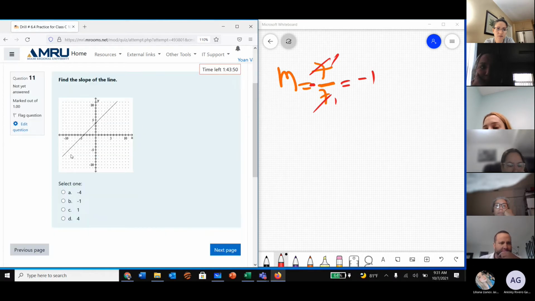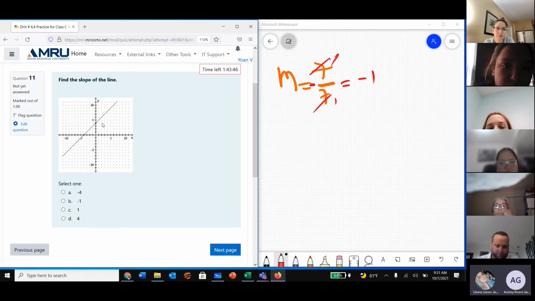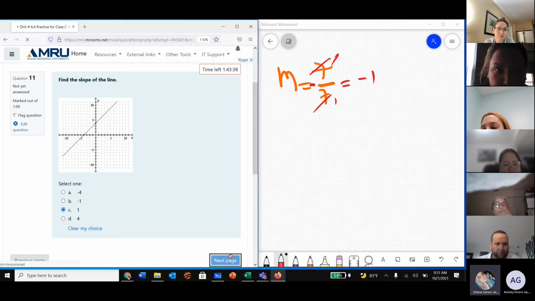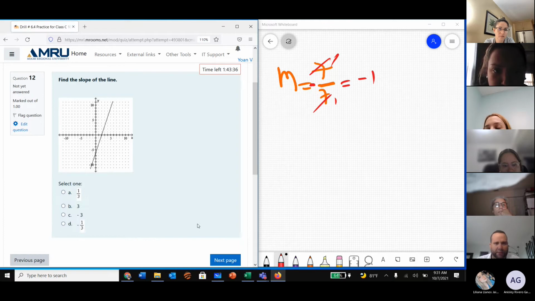This answer, what is the answer? Is the slope positive or negative? Positive. The slope is 1. This one, what is the answer? Is the slope positive or negative? Positive.